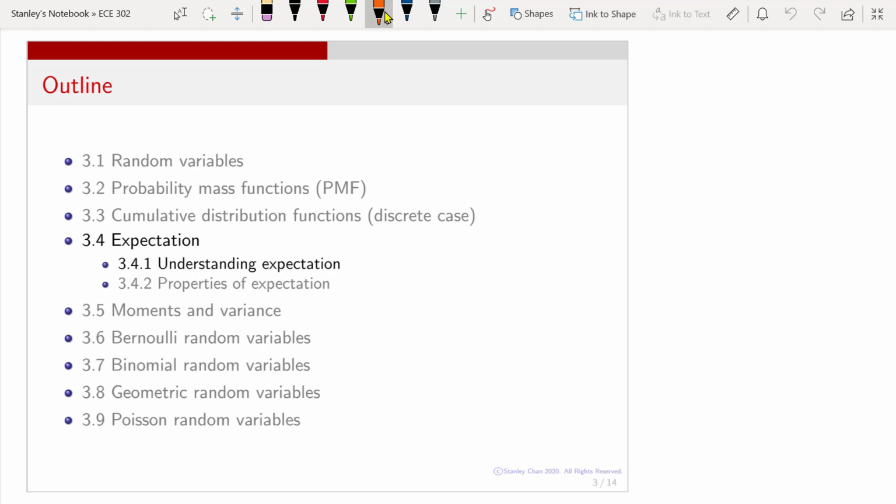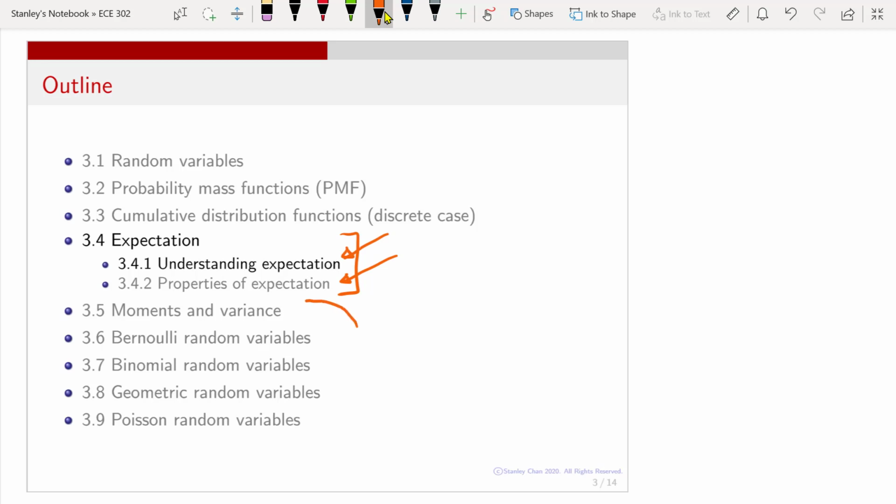We're going to understand the meaning of expectation. And now if you look at the outline here, we have two sections. In this lecture, we're going to look at part 1 of the discussion on expectation. And then in the next lecture, we're going to look at the properties of expectation.